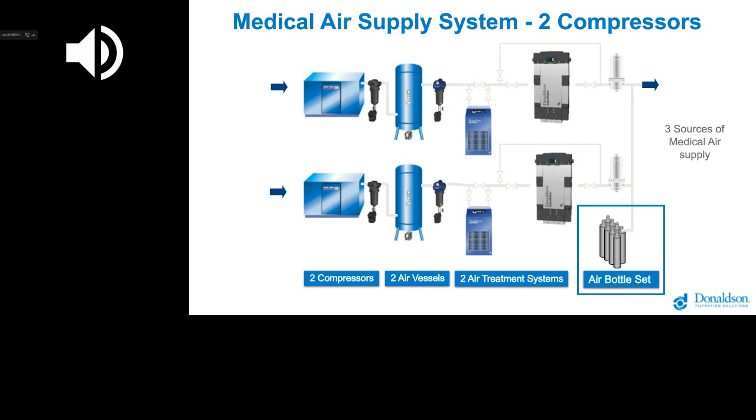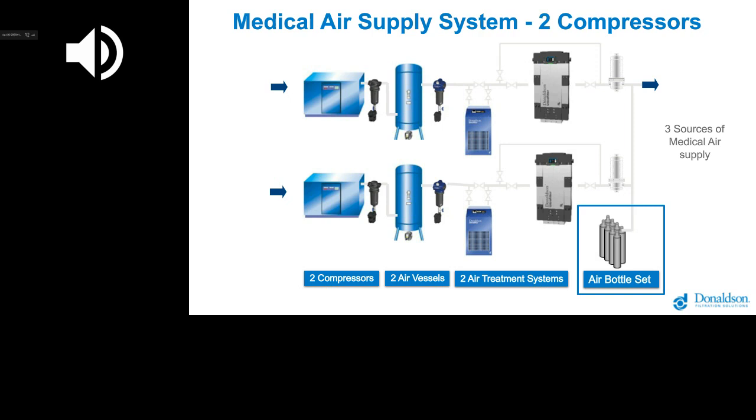I would like to start with some basic requirements of the ISO standards, especially ISO 7396-1, which requires 3 independent sources of medical air supply. That means in a system where we only work with 2 compressors and 2 purification lines, we should have a third source of medical air supply or medical air generation.